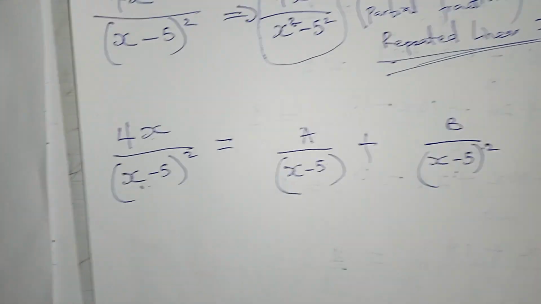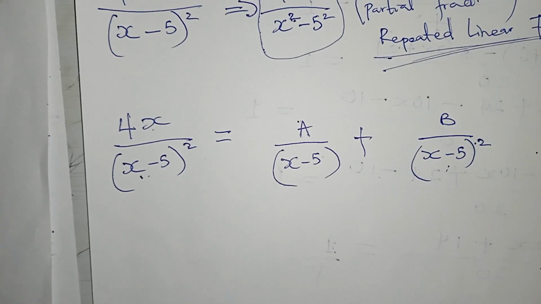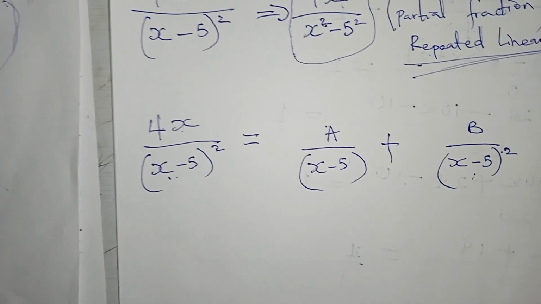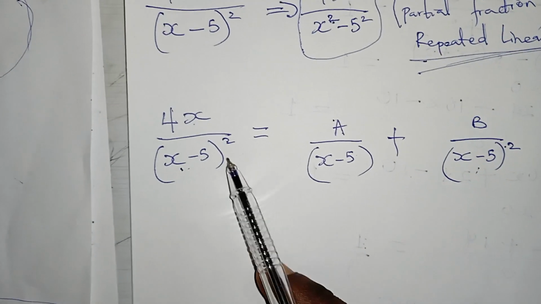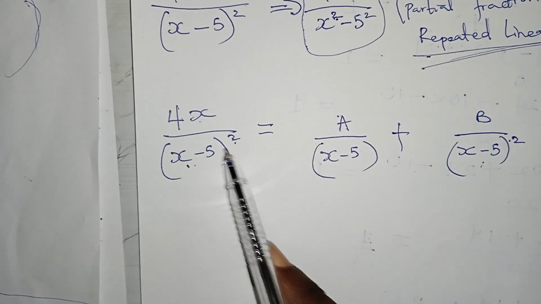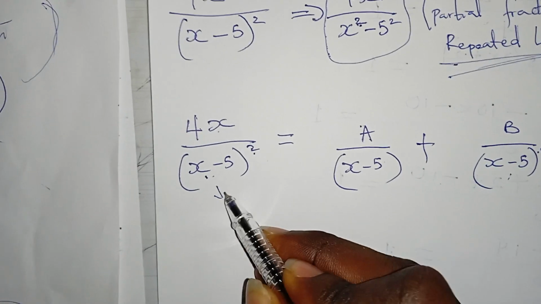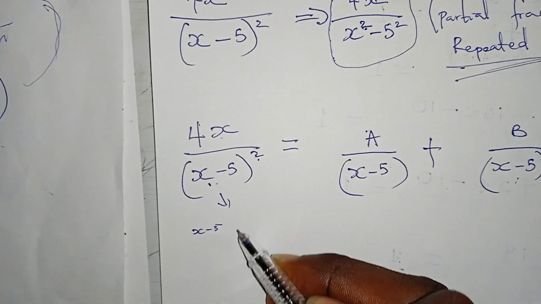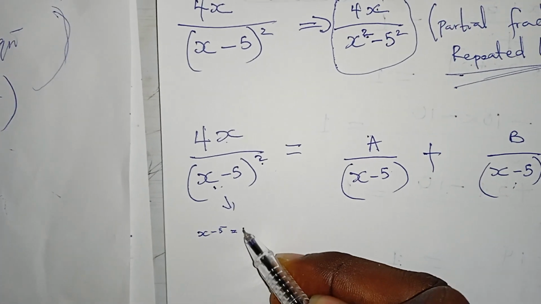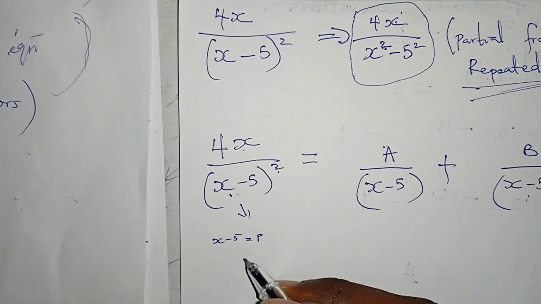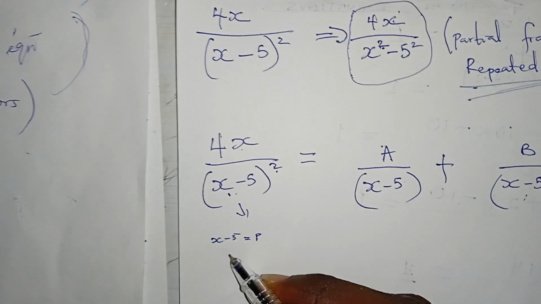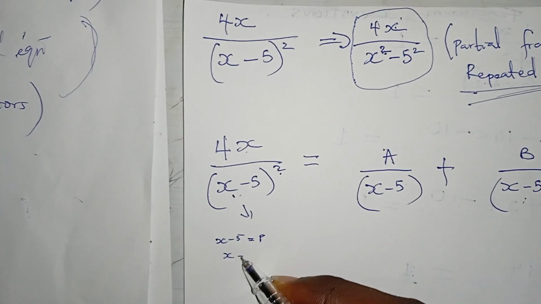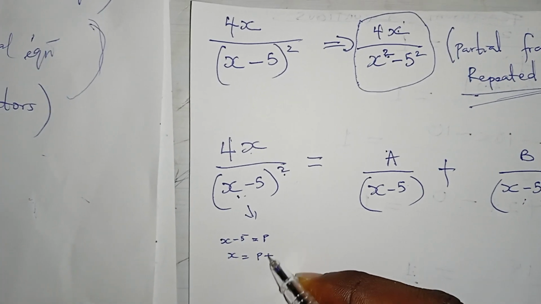Alright, so if you have this setup, somebody will first ask me, why am I putting the square? Say for example, I have x minus 5 equals p. This is the same as saying x equals p plus 5.